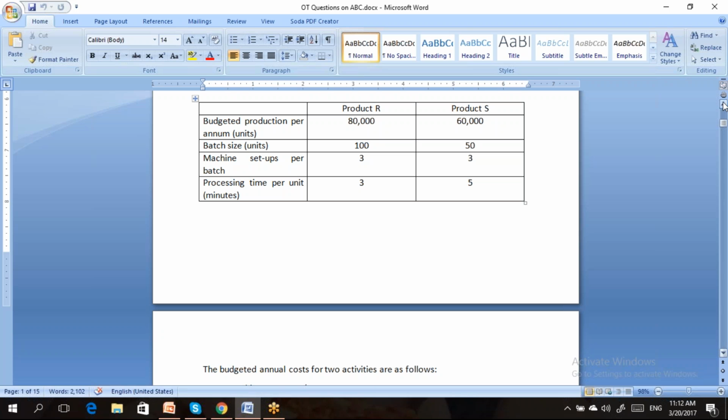How many setups for total S? 1,200 batches, 1,200 into 3, 3,600 setups. So 3,600 into 30 is the total setup cost for product S.